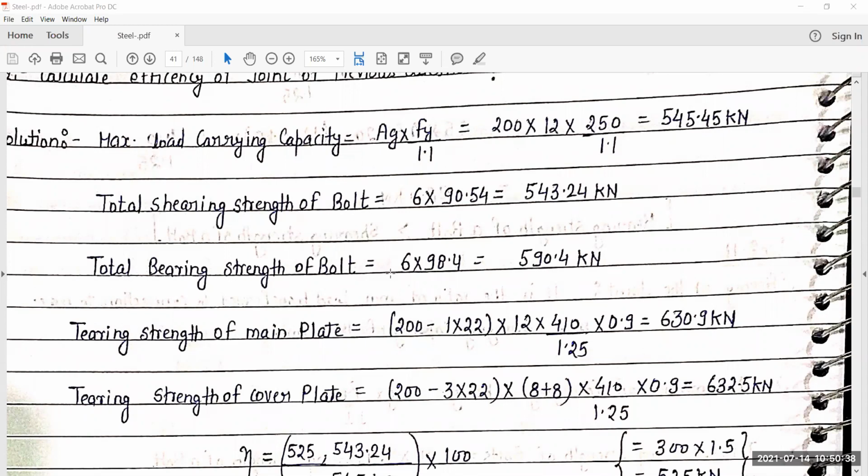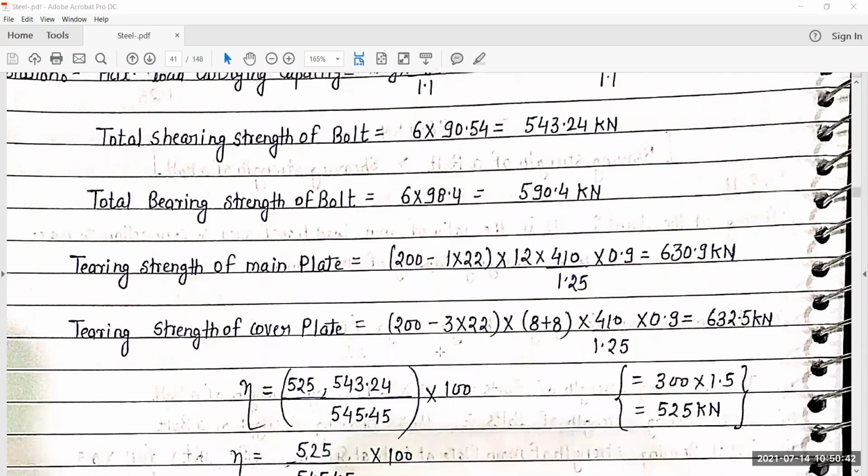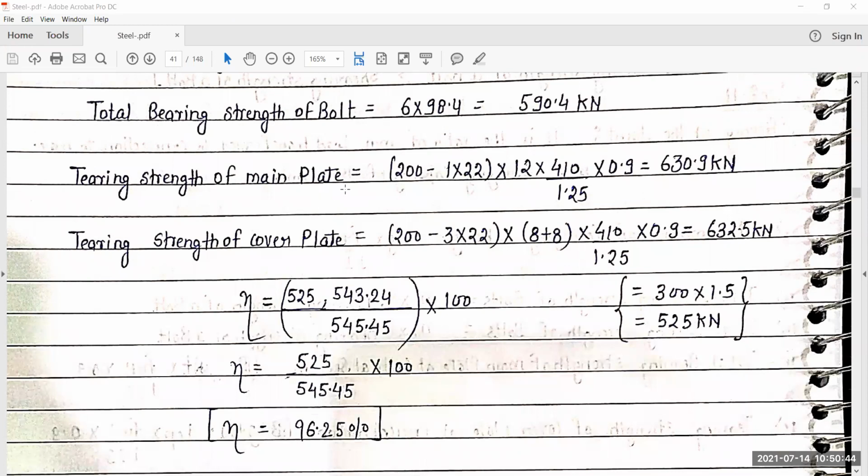The total bearing strength of the bolts is 6 into 98.4 equal to 590.4 kN. Then the tearing strength of the plain plate is (200 minus 1 into 22) into 12 into 410 upon 1.25, and the result is 630. Okay, you calculate.